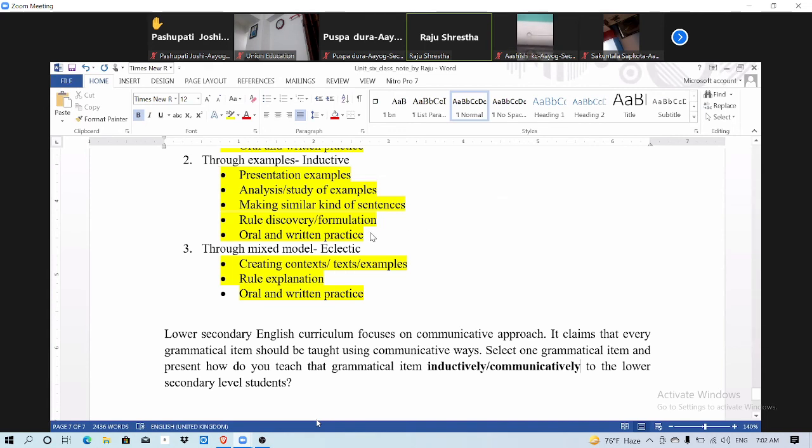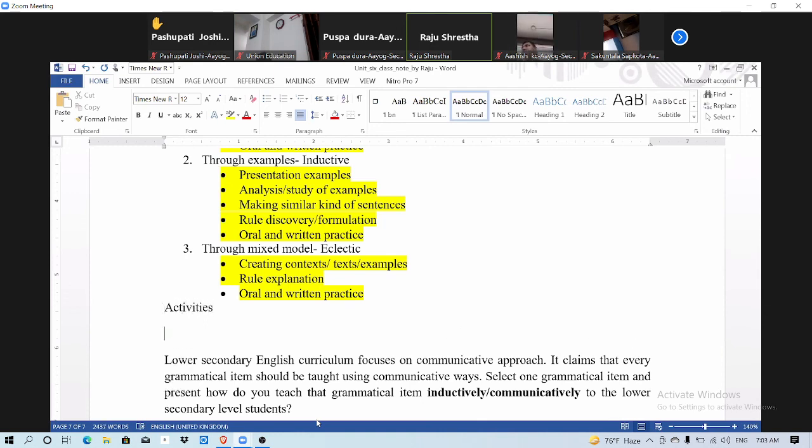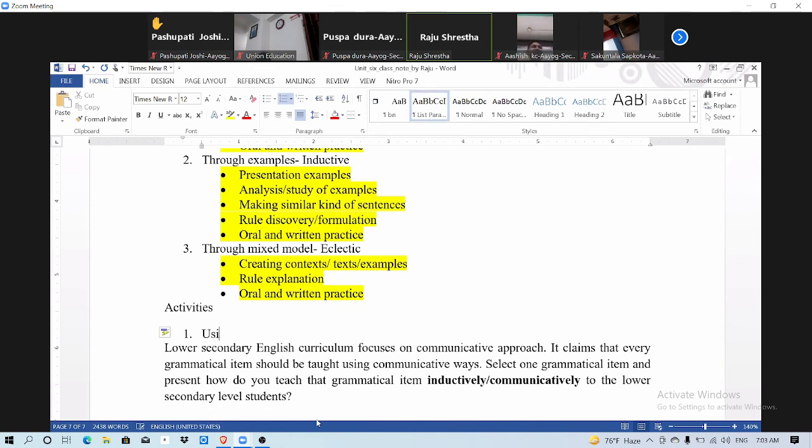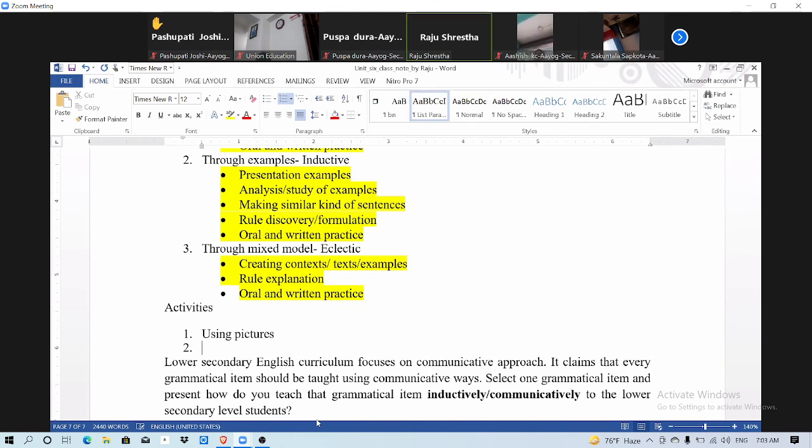Your method with activity. So what makes grammar practice happen? As we have taught so far, how can we teach grammar? We can use pictures. Using pictures can be one activity because we have to make it communicative also.